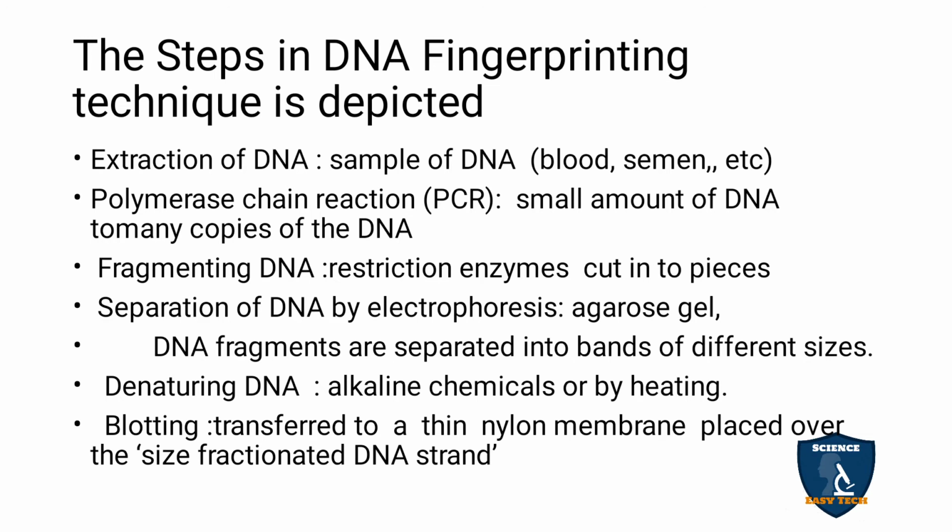Blotting after gel electrophoresis is over. The DNA bands have to be transferred to a nylon membrane, because to size the fractionated DNA. So for sizing that fractionated DNA, you have to do the blotting. And the blotting technique we use here is Southern blotting.